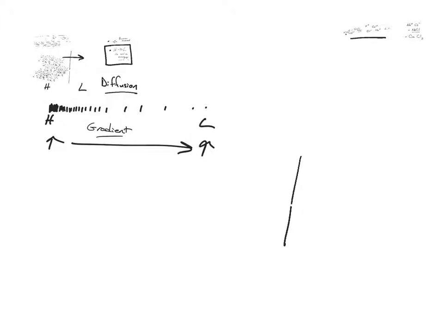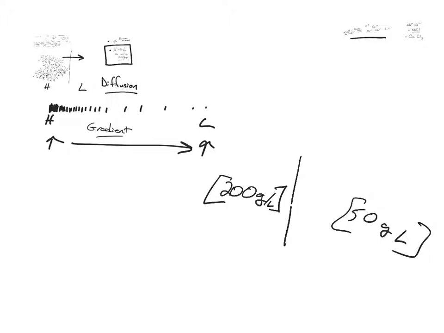Let's say we have a concentration of 200 grams per liter here, and only 50 grams per liter here. In which direction is this going to flow? Right. It's going to go from left to right. See how easy that is? This part, diffusion, is easy. Diffusion is always moving from high to low.